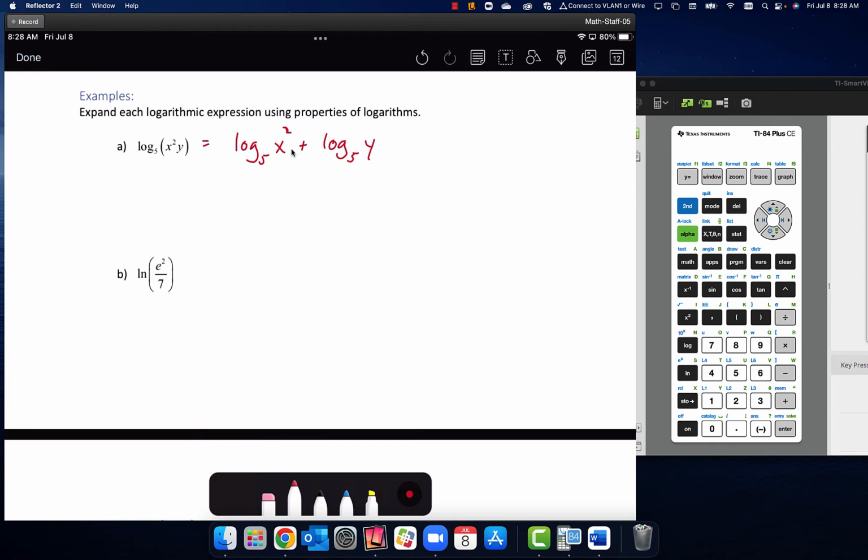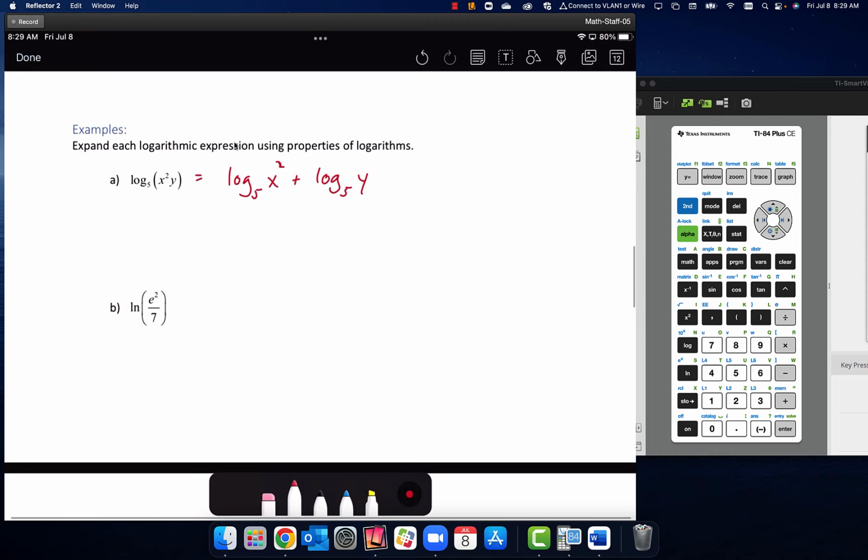The product becomes a sum. And now we have this power on our x. We can drop that down to the front of the log. And we have 2 log base 5 of x plus log base 5 of y. And now we have fully expanded this logarithm.